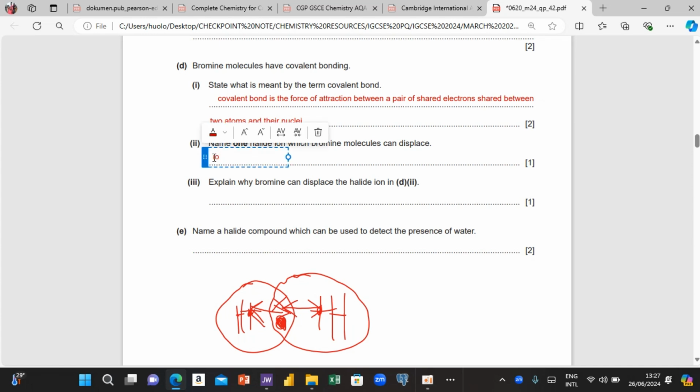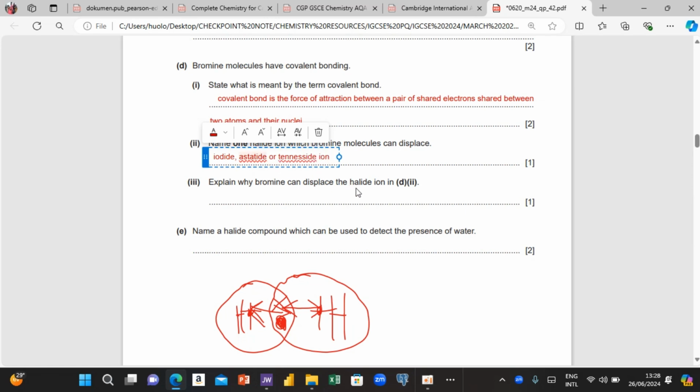Let me see the question again. It says name one halide ion, so you want to be specific. You are not going to write iodine, but you are going to write iodide ion. You could write iodide ion, or astatide, or tennesside ion.